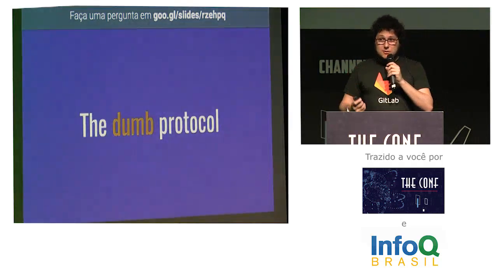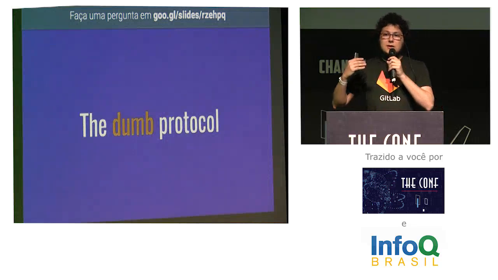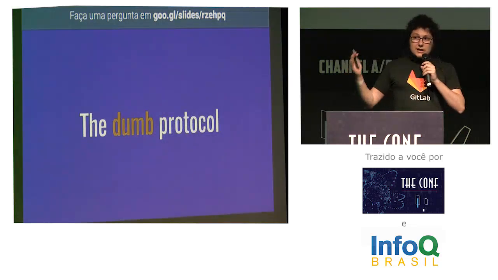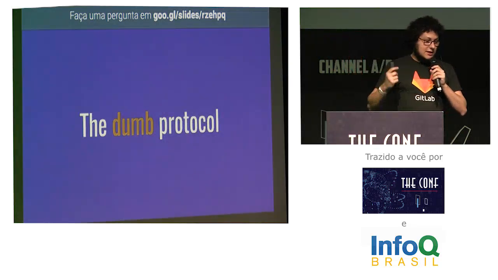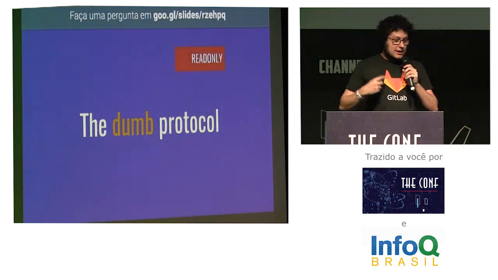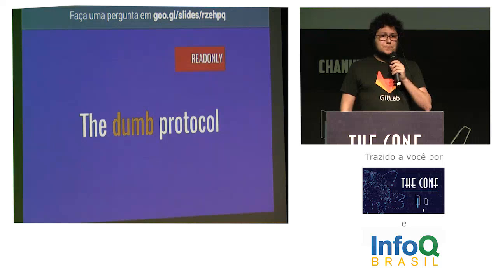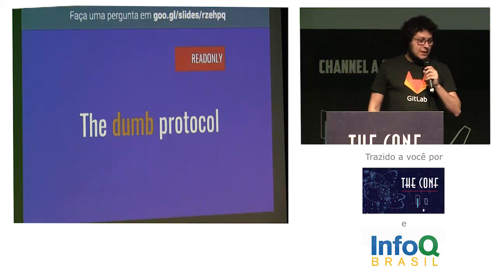There is the dumb protocol. It's called dumb because it doesn't require any custom script on the backend. It's over HTTP, as I said before. It is also read-only. It's highly cacheable. You will see after why.